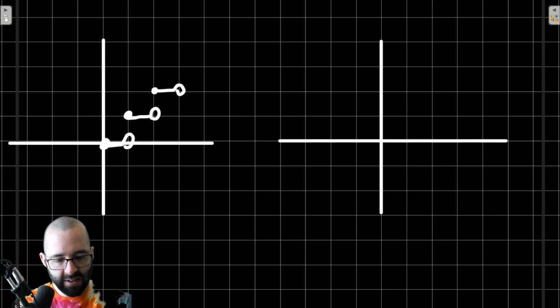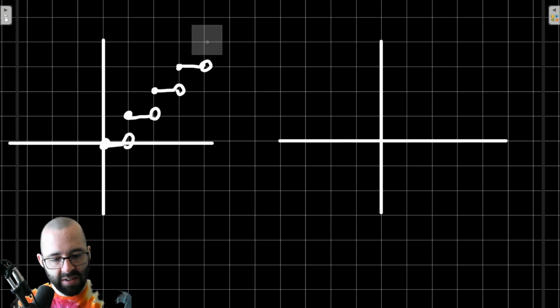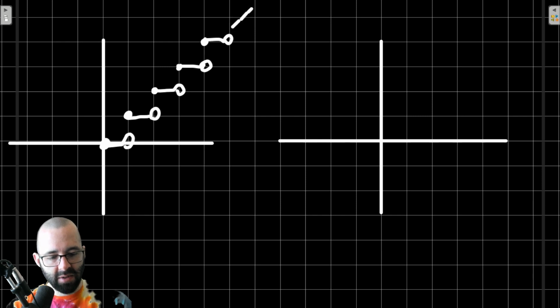Still flat. Goes like this. Still flat. Goes like this. Still flat. This is what's informally known as the step function, and it keeps on doing that forever. It's really hard to do dashed lines like this.